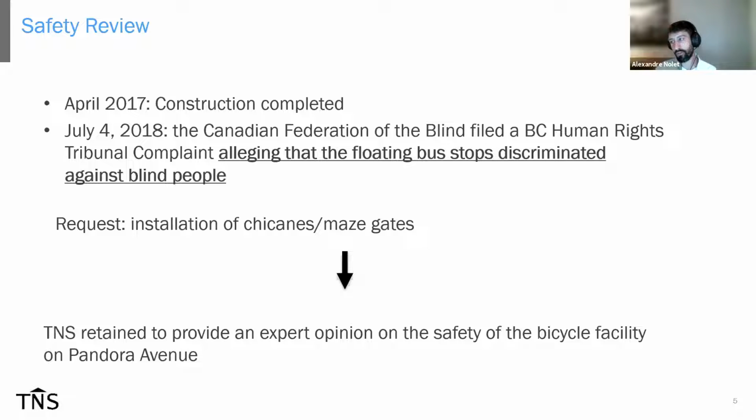There are many reasons, but some of them include that vulnerable road users are now separated from motorists, and significantly narrower travel lanes tend to result in lower operating speeds.